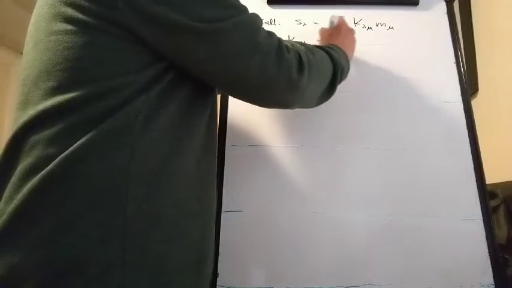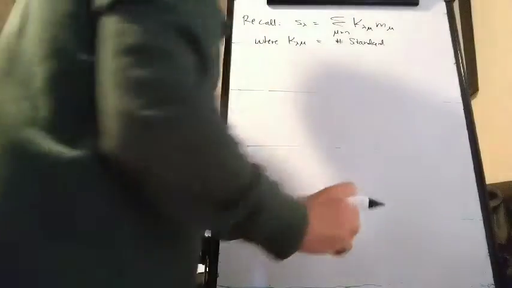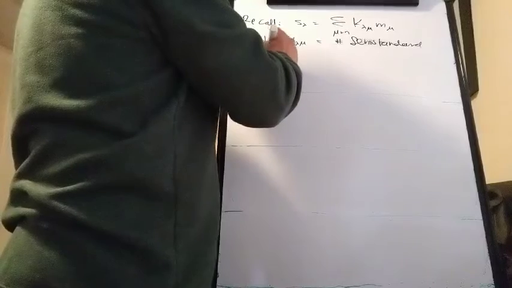And K lambda mu is the number of semi-standard Young tableau of shape lambda and content mu.